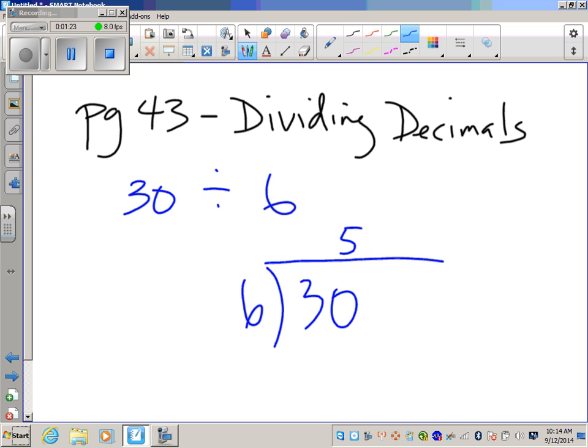Did we, in this case, divide with any decimals? No, yes, we did. Whether we knew it or not, we did. Where's the decimal here in 30, DeKayla? Right here, okay? Which means that decimal gets carried straight up as long as the number on the outside is what?